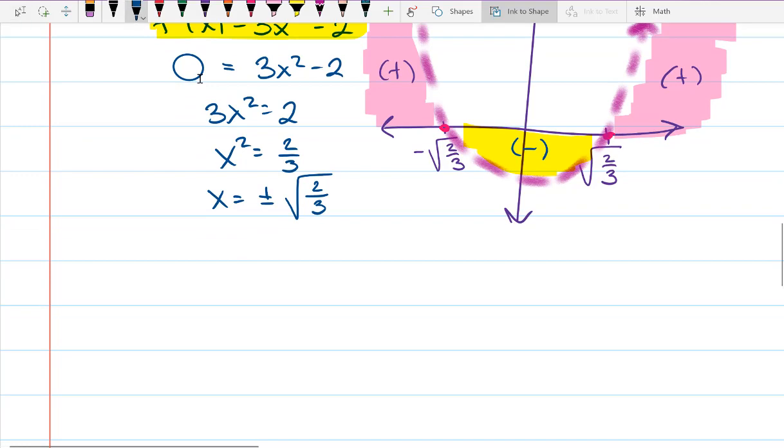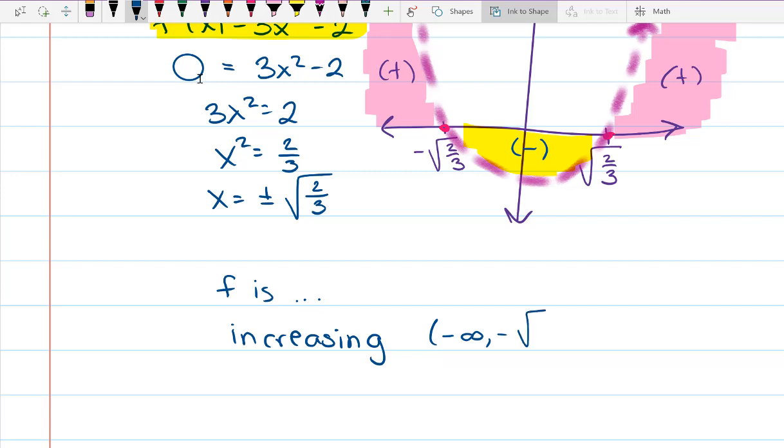So our answer is quick. f is increasing on the intervals negative infinity to negative radical 2 over 3 and radical 2 over 3 comma infinity. Sorry, these should be brackets. It's important that we note that when we talk about f, we use brackets, and when we talk about the derivative, we use parentheses.